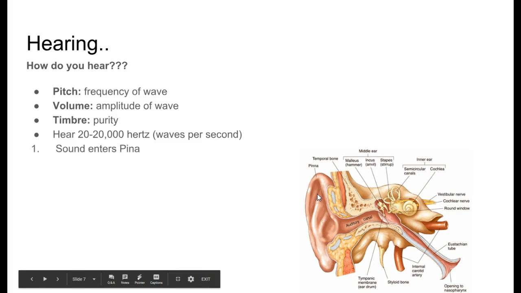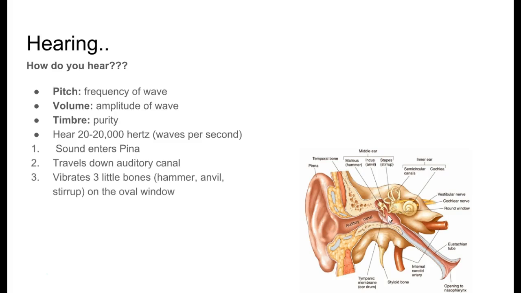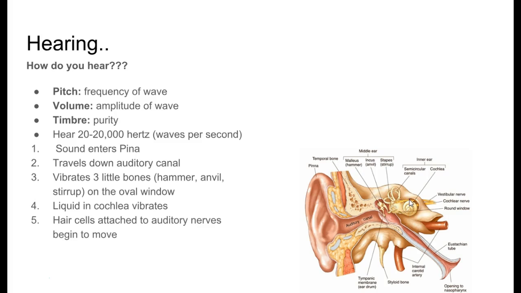What happens is sound enters the pinna, which is the outside part of your ear, travels down our auditory canal, vibrates these 3 little bones that are all right here, that are attached to the oval window, which is right here. That causes the liquid in this cochlea here to vibrate, looks like a snail. And inside of the cochlea are teeny tiny little microscopic hairs.